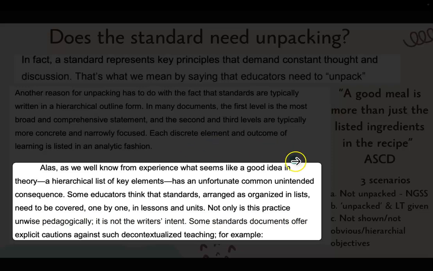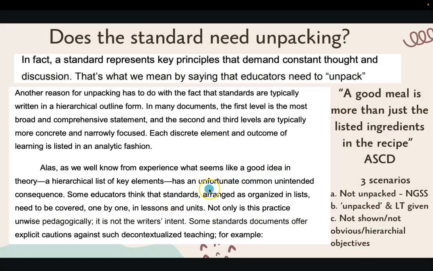And according to the article here, this is not wise. This practice is an unwise pedagogy. I do not like that word.